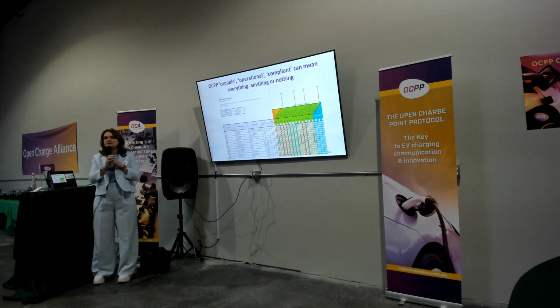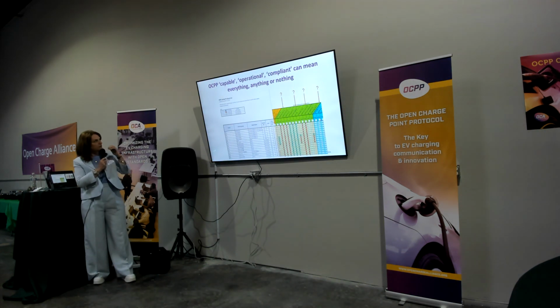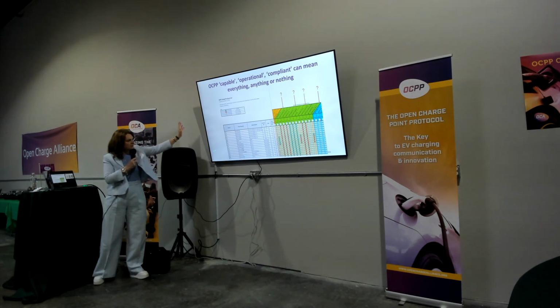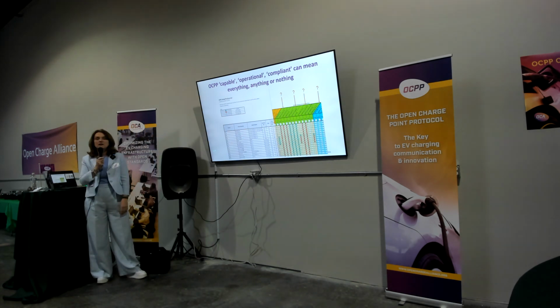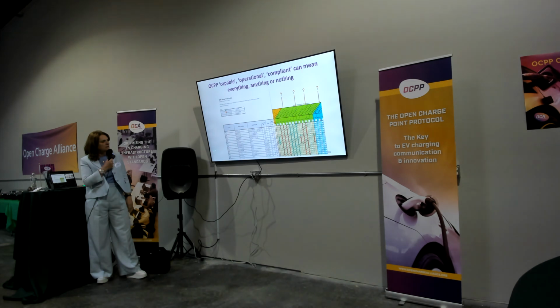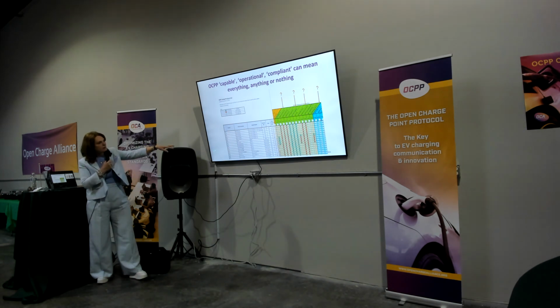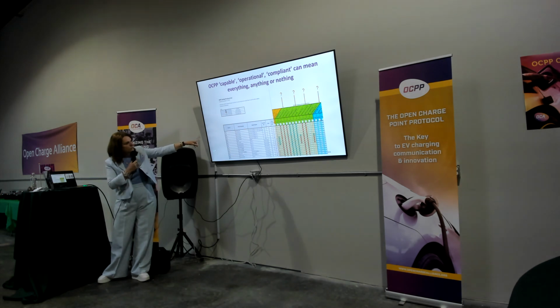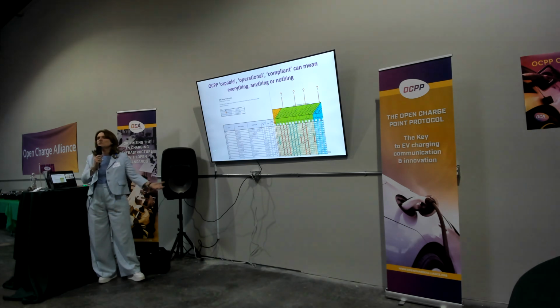For instance, maybe you know the EPRI vetted product list, where EPRI has a long list of all the charging stations that are available in North America, and they keep track of all the requirements, and here you see indeed what a vendor states, I'm OCPP operational or OCPP capable. Now what does that mean?